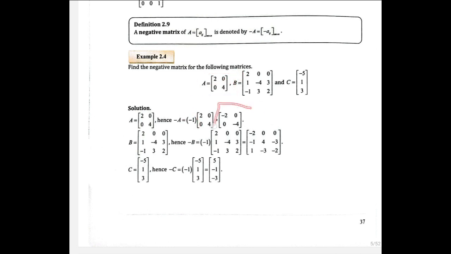So the negative matrix is this. Please note also that even though we are talking about negative matrix now, what is actually happening here is what we call scalar multiplication, where we have a scalar value multiplied with a matrix. We're going to see further later.